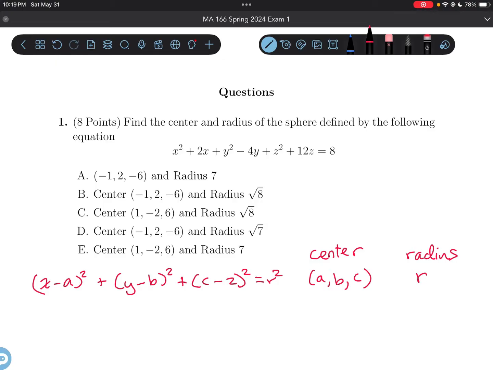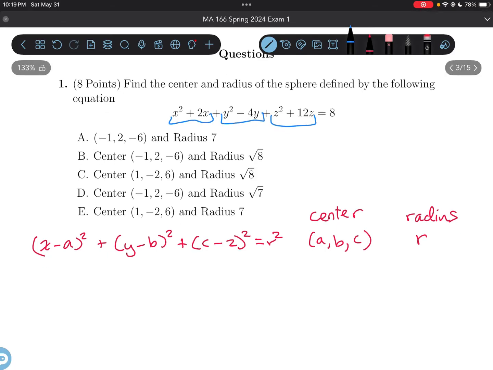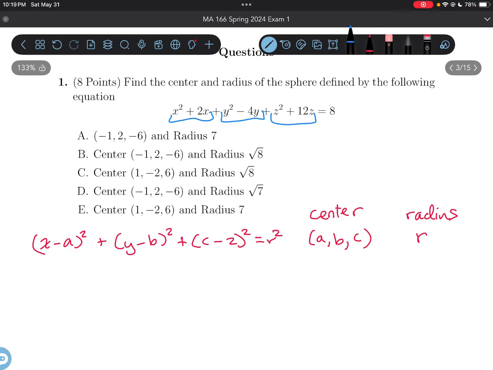How we're going to do that is we have to complete the square for each variable, so for x, y, and z. So if we complete the square for x squared plus 2x, x is the first term in the parentheses, because we just take the square root of this x squared term.